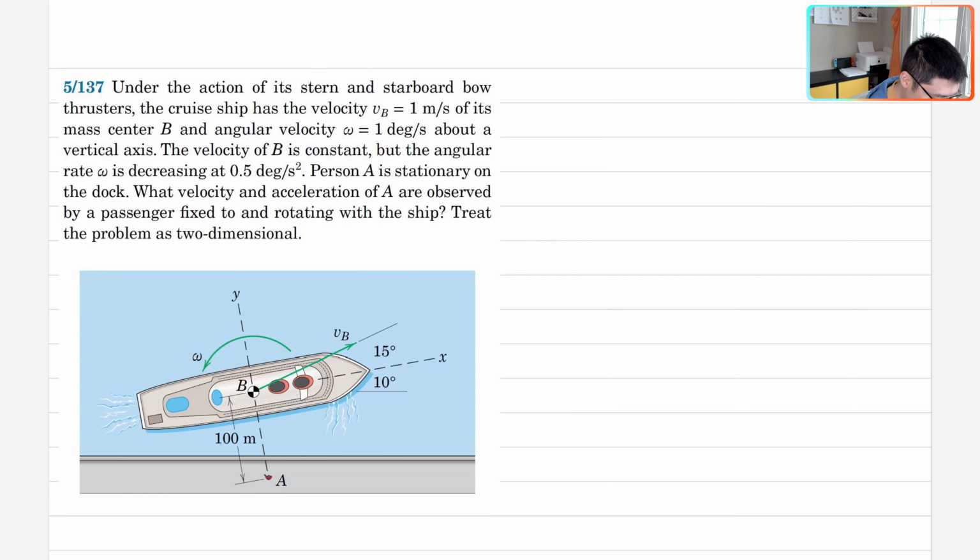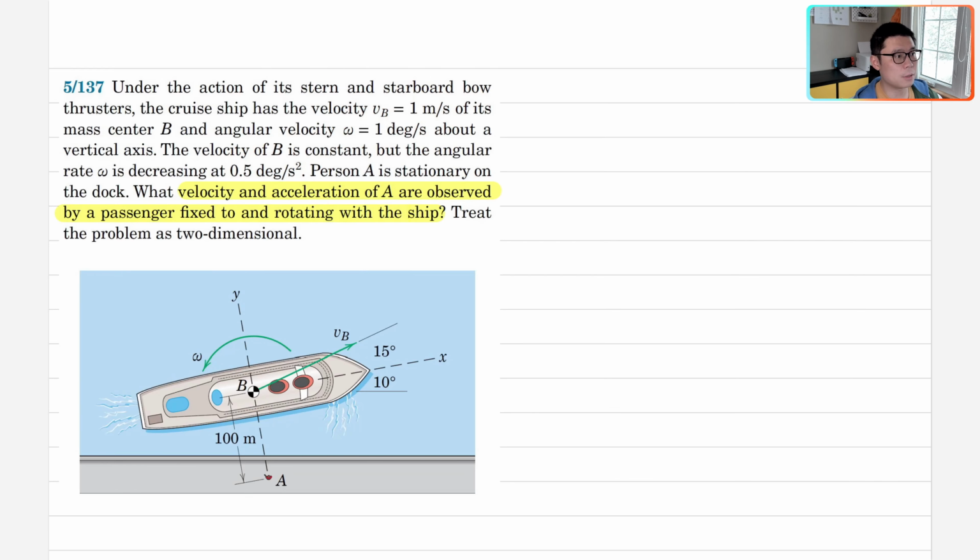The velocity of B is constant, but the angular rate omega is decreasing at 0.5 degree per second squared. Person A is stationary on the dock. What velocity and acceleration of A are observed by a passenger fixed to and rotating with the ship?